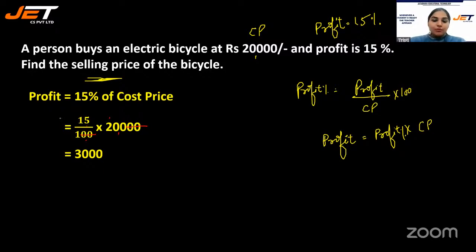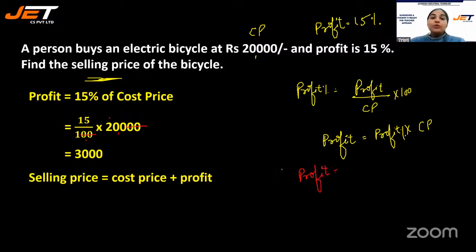Now we got to know the profit. We can easily find out the selling price. Selling price is cost price plus profit. How did we get this? Because we know that profit is selling price minus cost price. Now, to find the selling price here, we need to do profit plus cost price, or cost price plus the profit.